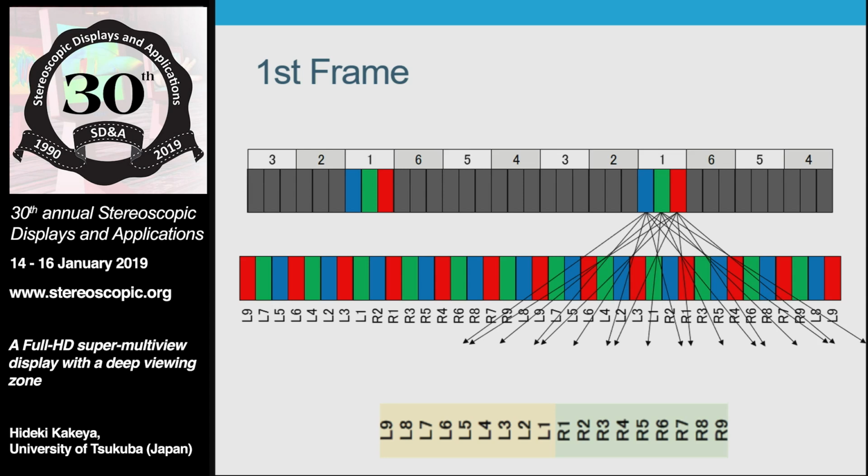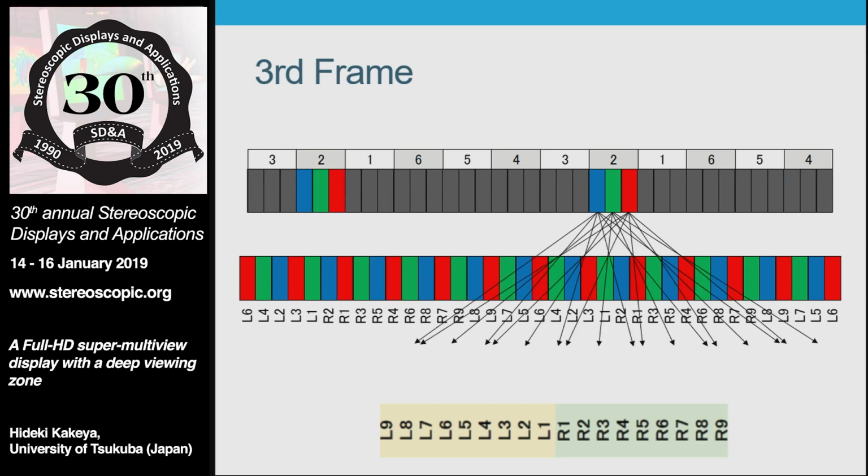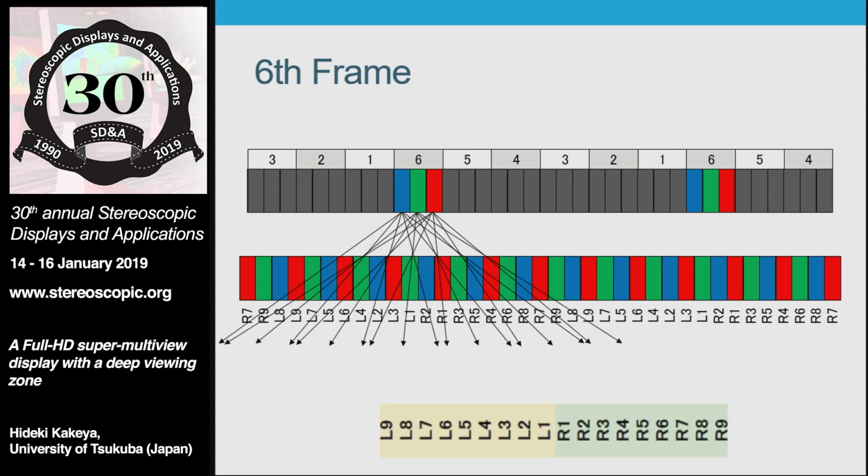Then in the next frame, we show an image like this. Here, this slit is bright, and we can generate 18 light rays again. In the next frame, we show an image like this, next, and next, and next. So after 6 frames, all the pixels in the back are bright at one time.